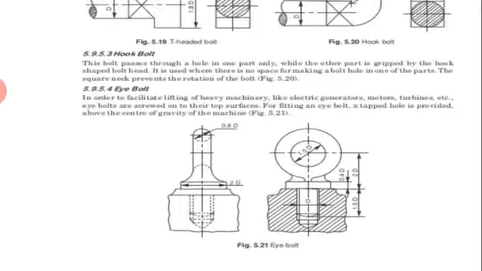For fitting an eye bolt, a tapped hole is provided above the center of gravity of the machinery. Eye bolts are used for hanging or lifting heavy machinery parts.